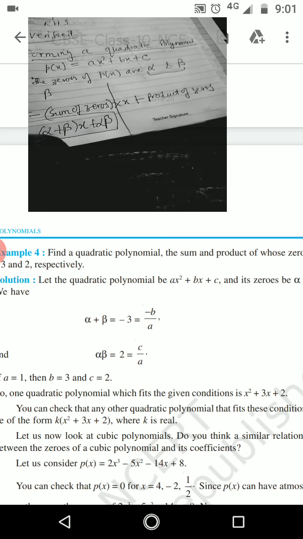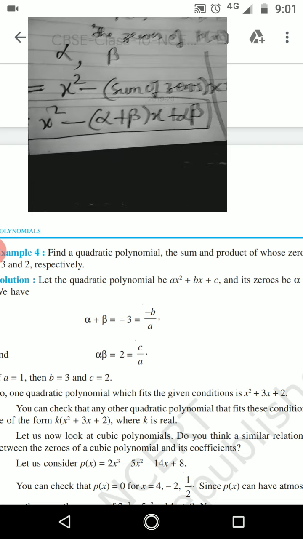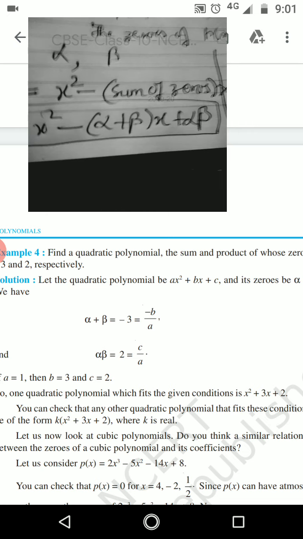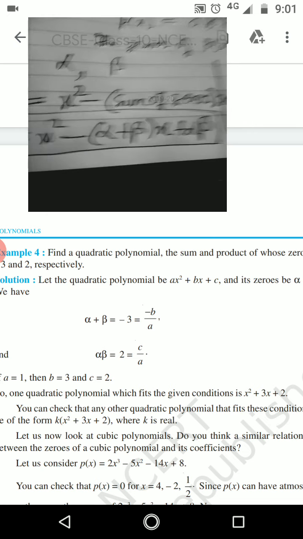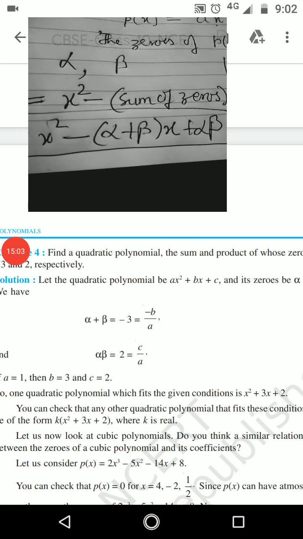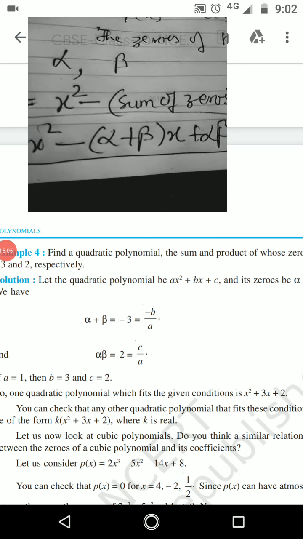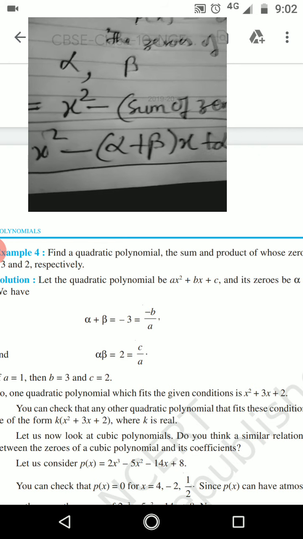This is the formula for finding a quadratic polynomial when two zeros alpha and beta are given. This is the first part, and in the next video we'll discuss some questions.